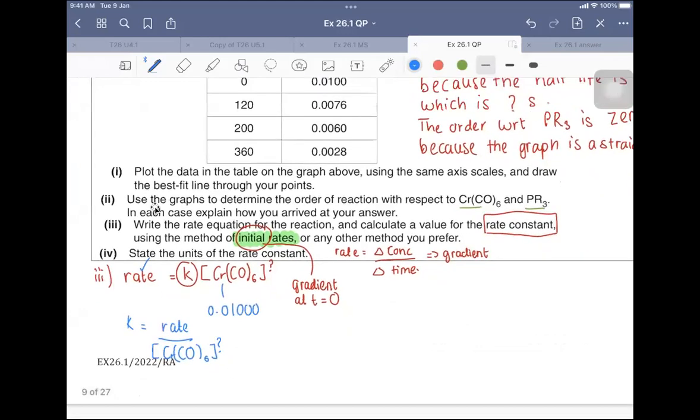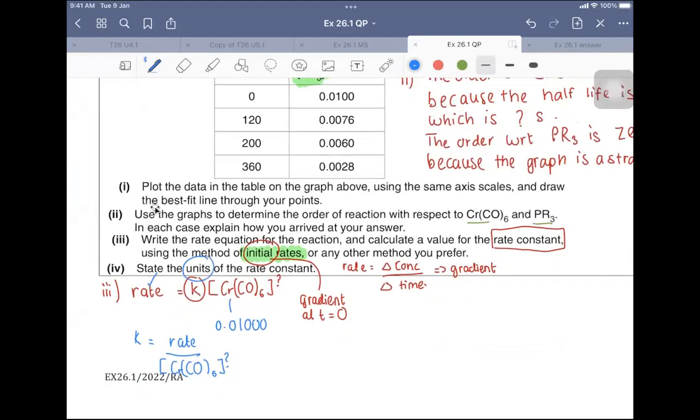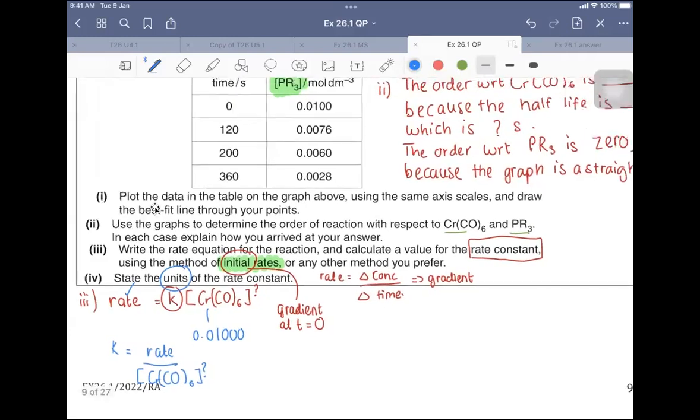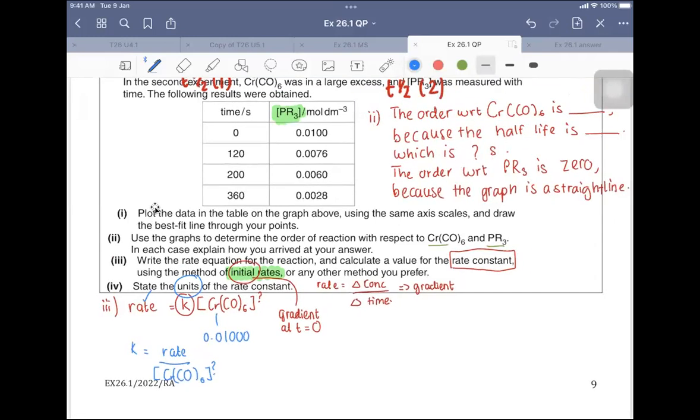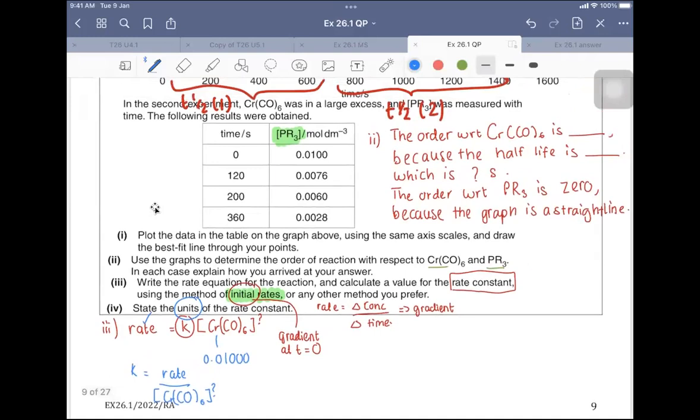Then they want you to find the units, remembering that rate is mole per dm cube per second and concentration is mole per dm cube. I will let you do that question, and to check your answer, you will submit your answer in the forms later, and then you will know whether you get the answer correct or not. So you can pause this video first while working out the answer for part 3 and 4.